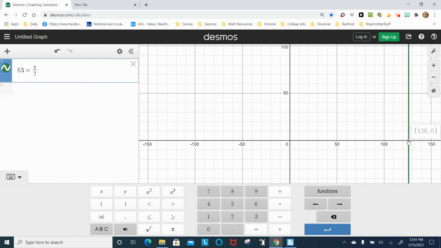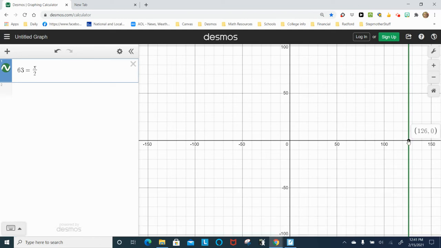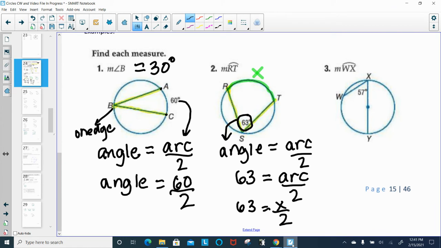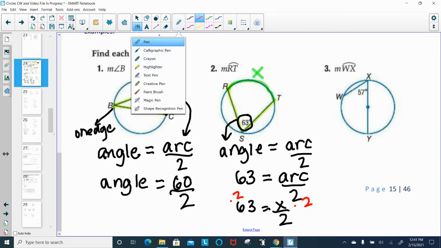And when you find your answer, you will get 126. If you notice, 63 times 2 is 126. That's what you're doing here. You're taking this 2 and this 63 and you're multiplying them. You're using the properties of algebra to multiply those two together.